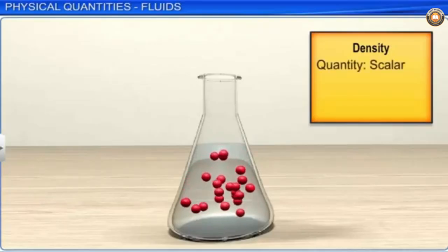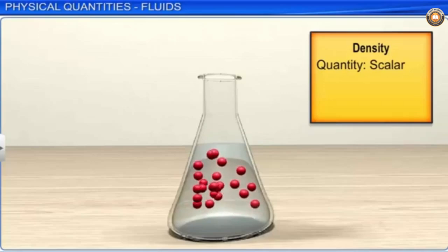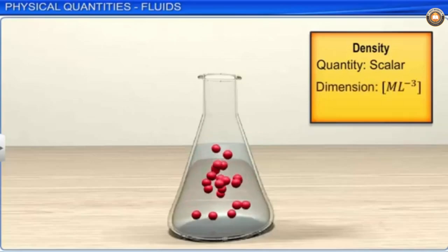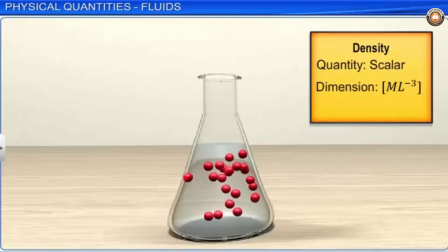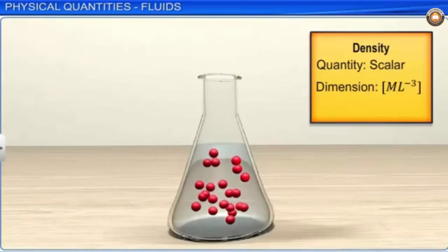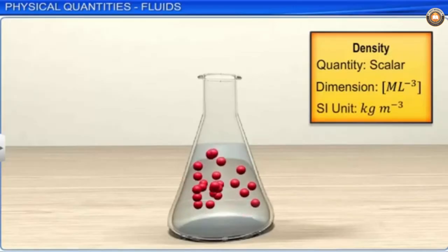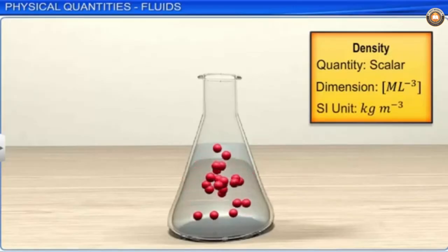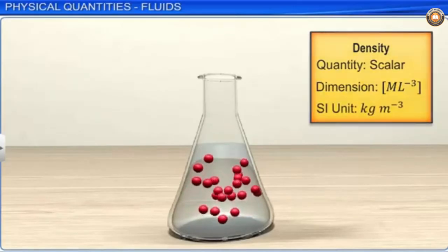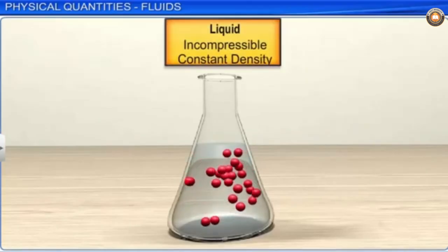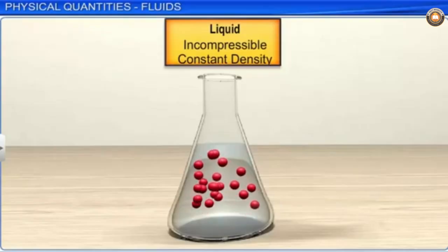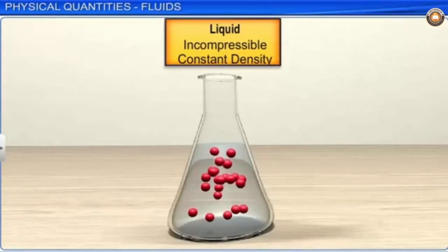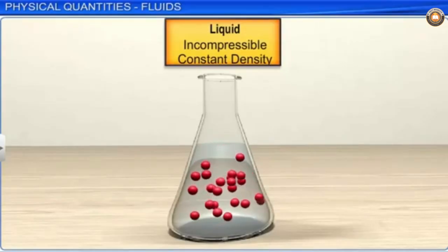In the SI system, density is measured in kilograms per cubic meter. Density of a liquid is almost considered constant at all pressures, as it is largely incompressible. However, gases exhibit huge variations in density at different pressures, as they are compressible.